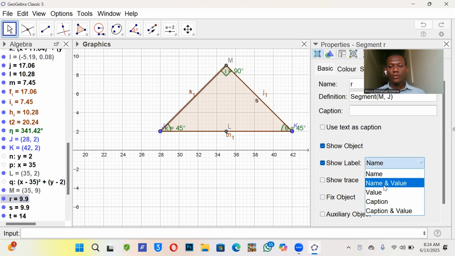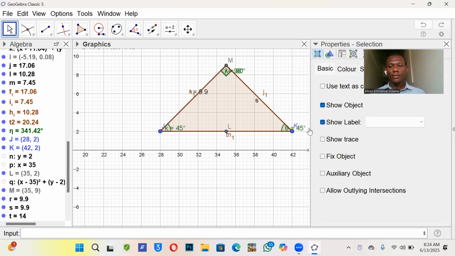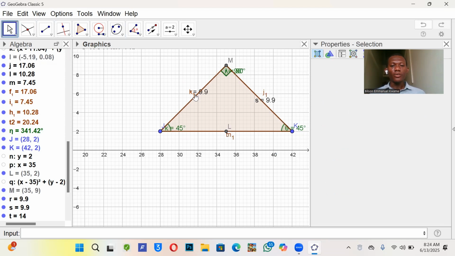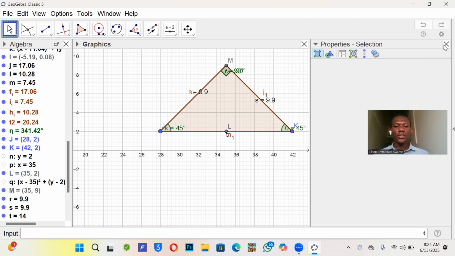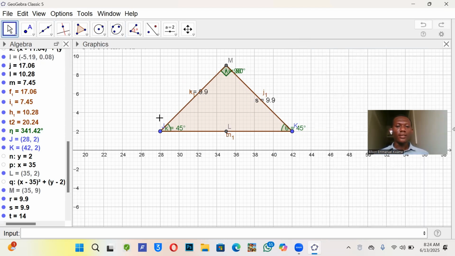So label, name and value, right? 9.9. Then you come to this side, label, name and value, right? 9.9. So clearly you can see that we've been able to draw our isosceles triangle. This is one way of drawing the isosceles triangle.